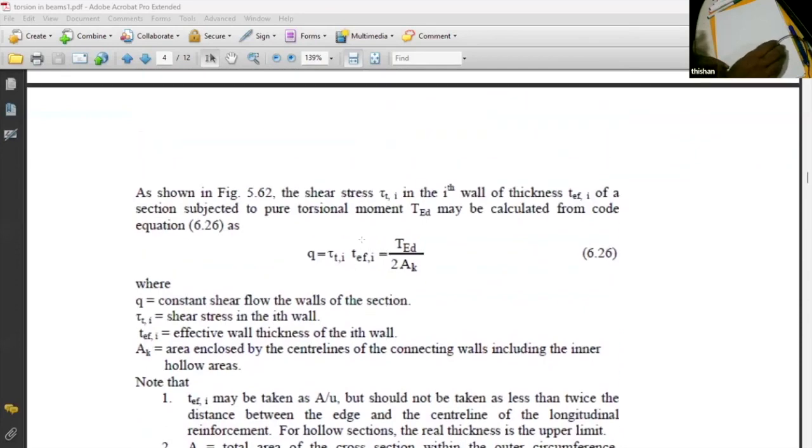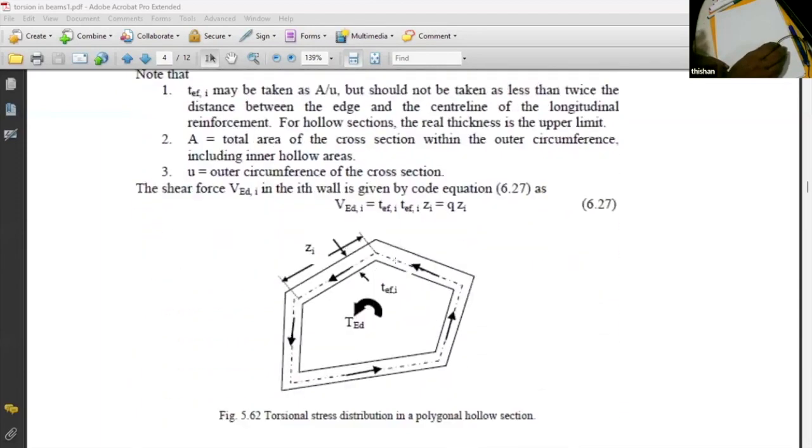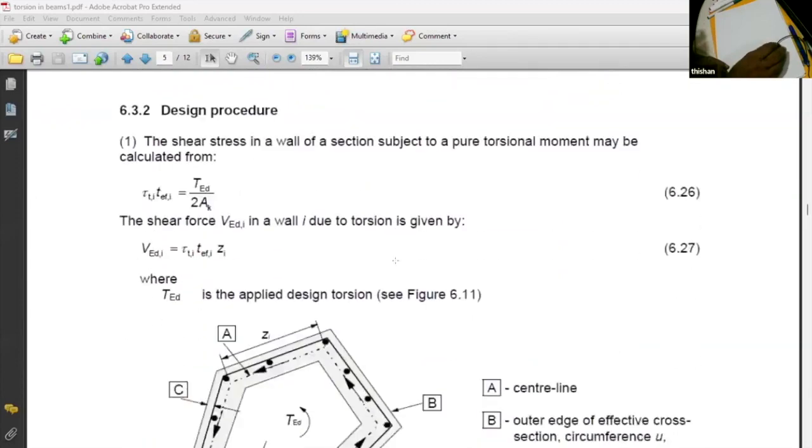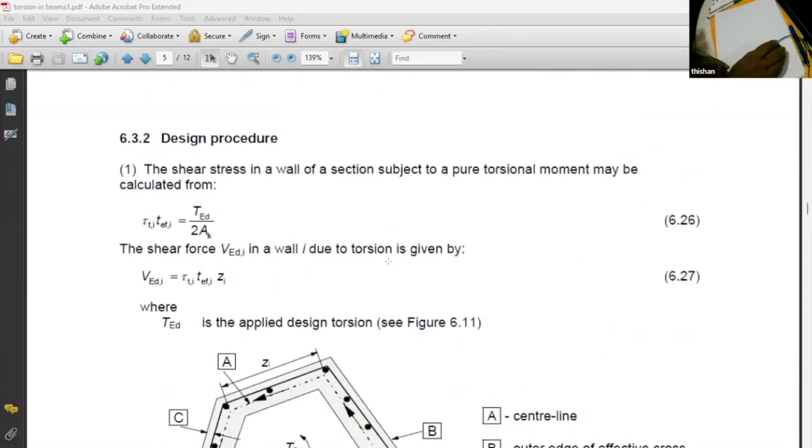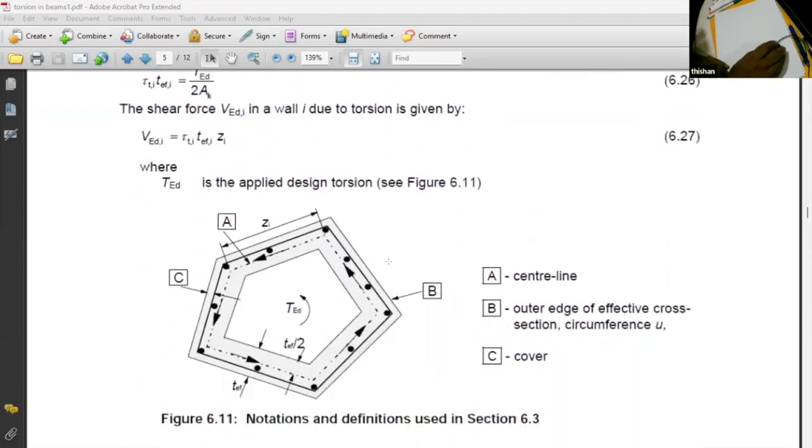And q is equal to T_Ed over 2A_k. That is the equation we are going to prove. These are extracts from the code. So the code gives this diagram.